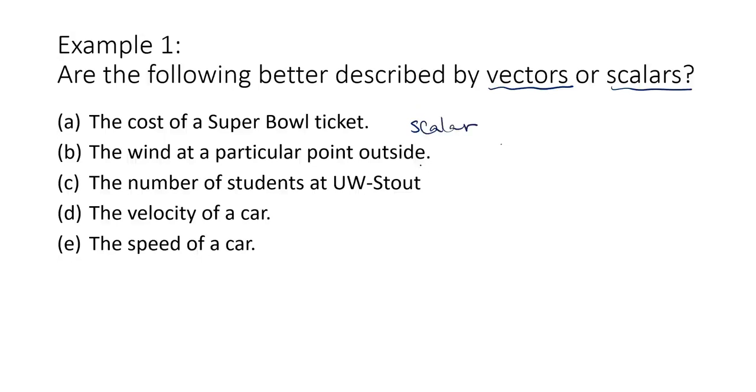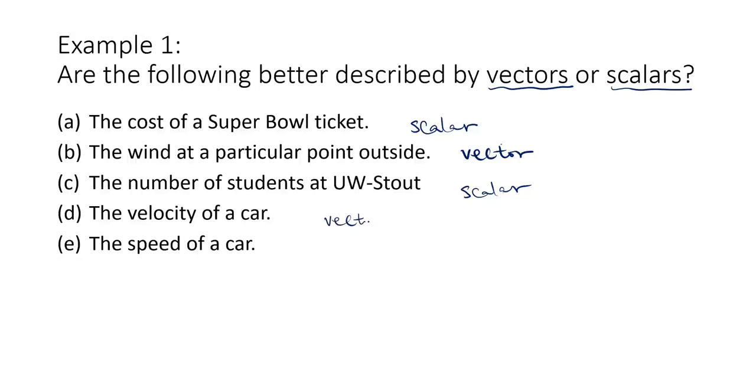The wind at a particular point outside, well, the wind has both direction and magnitude, right? So that's a vector. The number of students at UW Stout, again, has no direction, so that's a scalar. And the velocity of a car actually has direction as well, right?